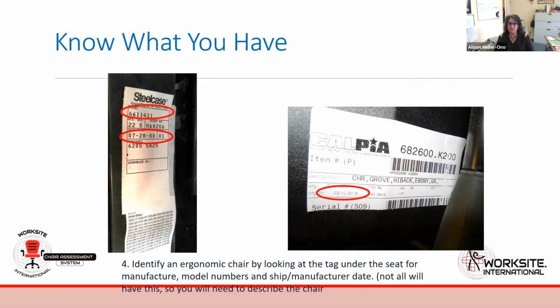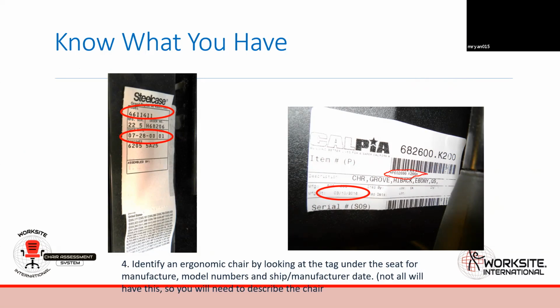Once you have this information, you can reach out to the vendor or the manufacturer to learn about the chair warranty details. So if you can't get it from purchasing or facilities, whoever bought the chairs, then you might need to go back to the manufacturer, and they will usually have the number of the purchase order. You see these numbers here. So this can help to track where that chair came from.